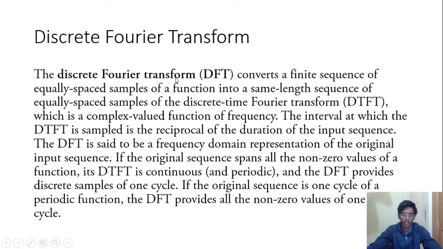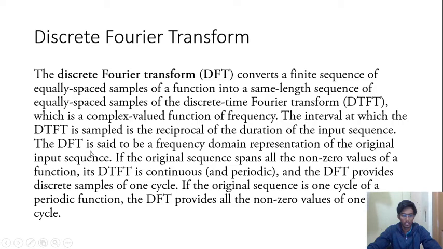So what exactly is DFT? DFT stands for discrete Fourier transform. It converts a finite sequence of equally spaced samples of a function into a same-length sequence of equally spaced samples of the discrete-time Fourier transform, which is a complex-valued function of frequency. The interval at which the DTFT is sampled is the reciprocal of the duration of the input sequence.